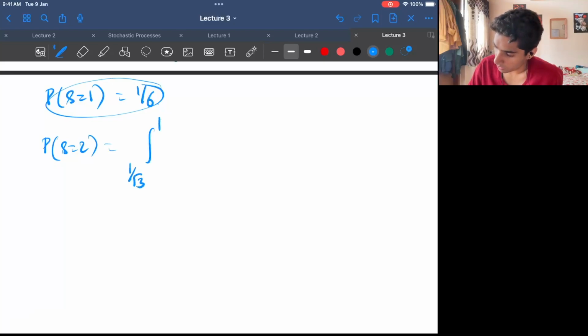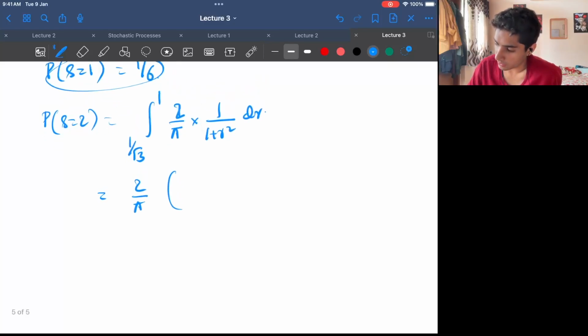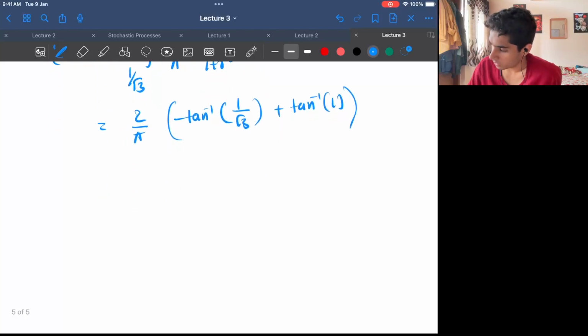So the integral from 1 by root 3 to 1 of 2 by pi into 1 over 1 plus r square dr. This will be 2 by pi, and now this will again be tan inverse r, and the limits will be 1 by root 3 to 1. So this will become tan inverse 1 minus tan inverse 1 by root 3. Sorry, I think the opposite of this. Yeah.